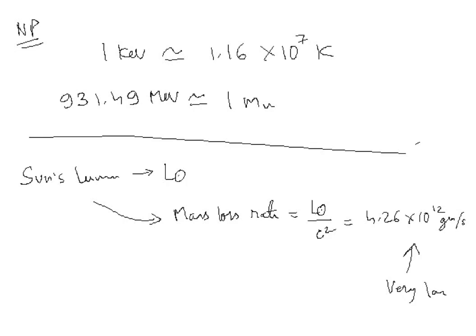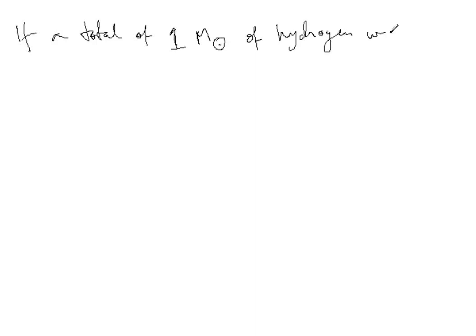Now, suppose a total of 1 solar mass of hydrogen were converted into helium 4, then what?